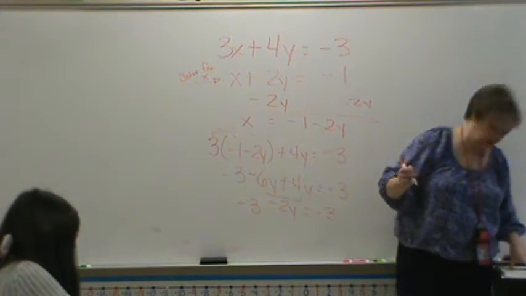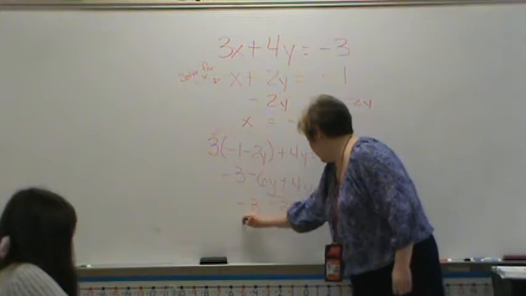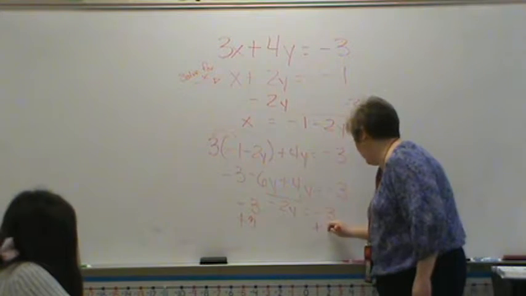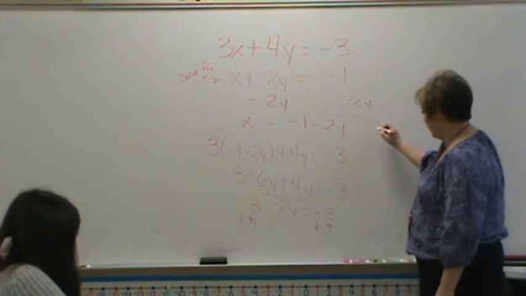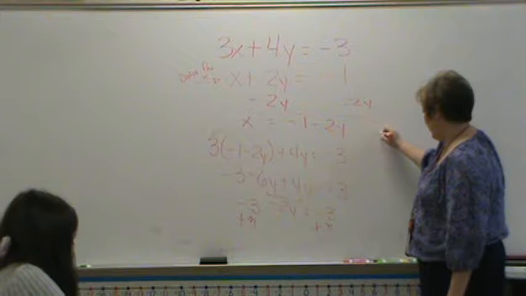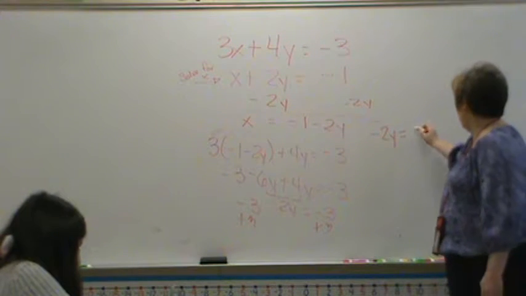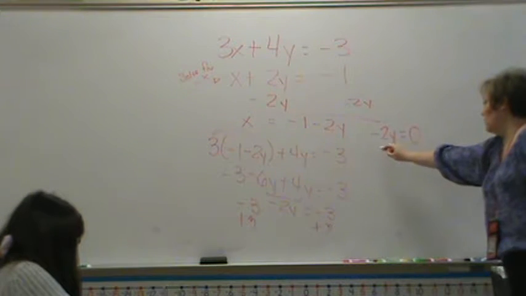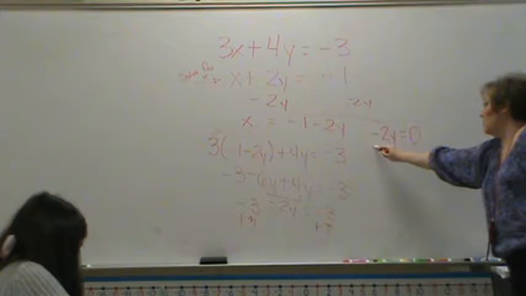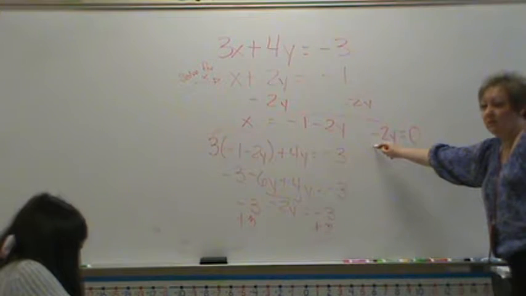Add 3 to both sides. Plus 3, plus 3. And I'm going to come up here because I'm getting low on the board. So I got -2y equals what? 0. Then what do I do? Not add.